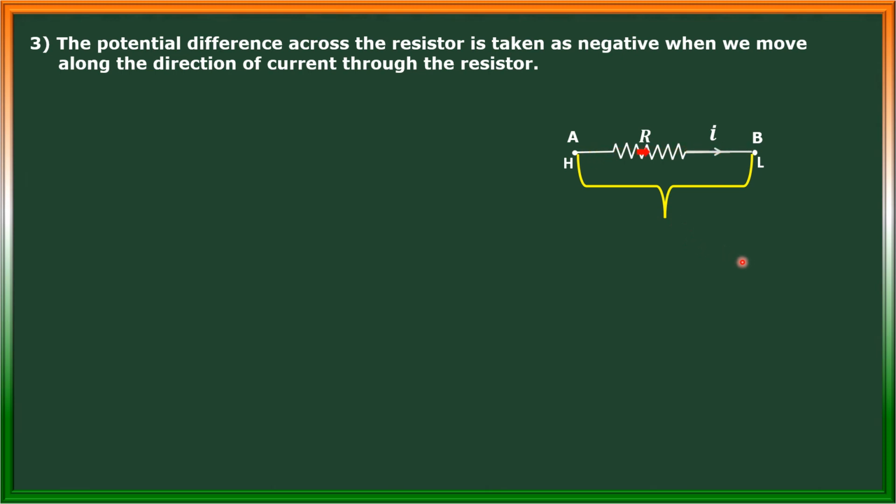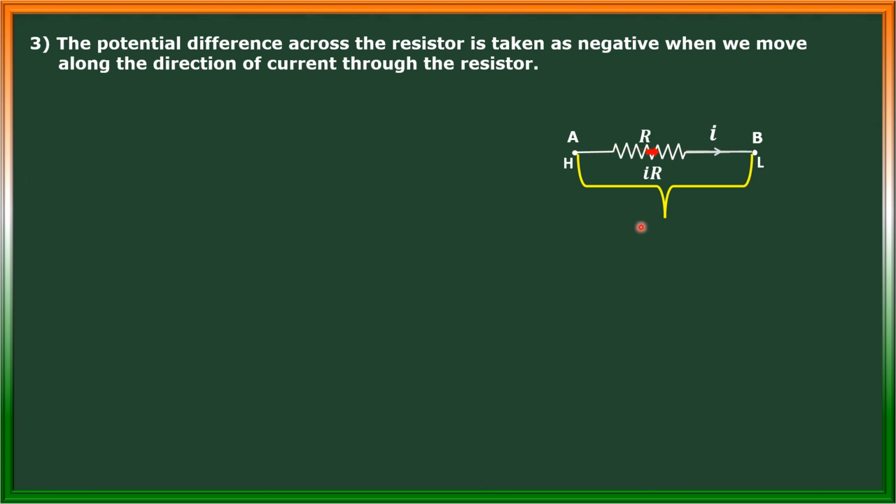According to Ohm's law, V is equal to IR. When current I is flowing through the resistor R, some potential difference will be developed across the resistor, that is V is equal to IR.